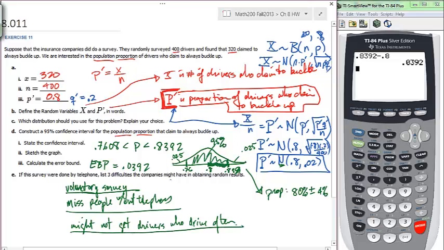So basically, just by random surveying on a telephone, you might not get the actual population that you want. Okay, so this is exercise 11 from chapter 8, and I hope this helps.